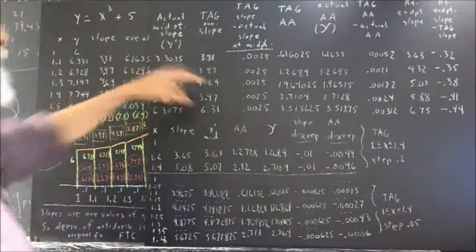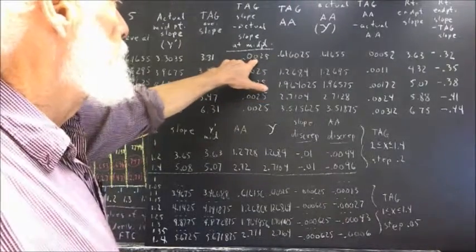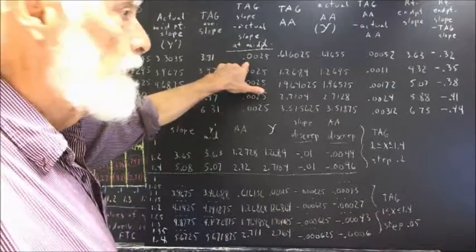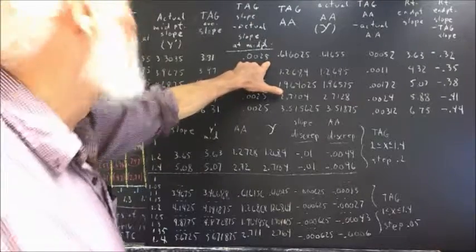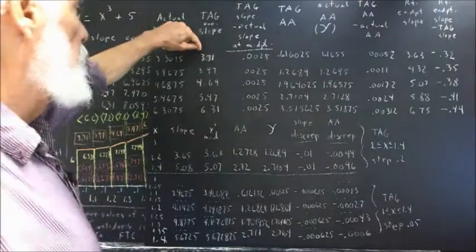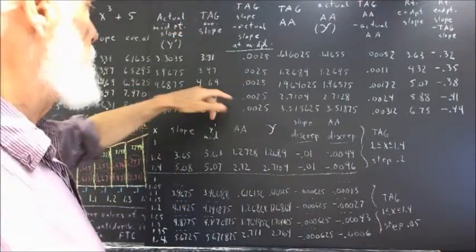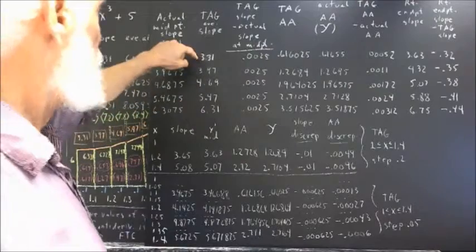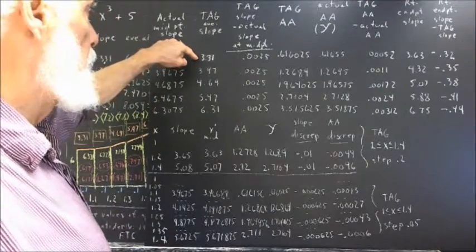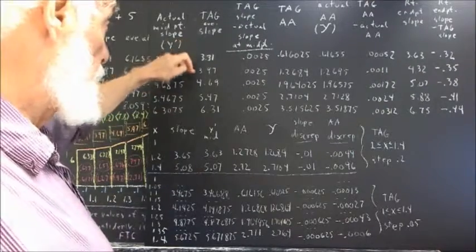Then, okay, let's just see what kind of errors we have here. This is 0.0025. That's 1 part in 400, or 1/400th, and the actual slopes are like 3.31, and so forth. So typically these errors are somewhat less than 1/1000th of these numbers.